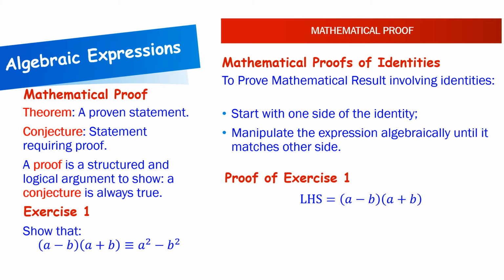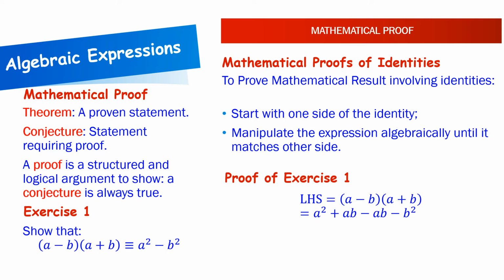The left-hand side is equal to a minus b times a plus b. Let's multiply this out to give a squared plus ab minus ab minus b squared.